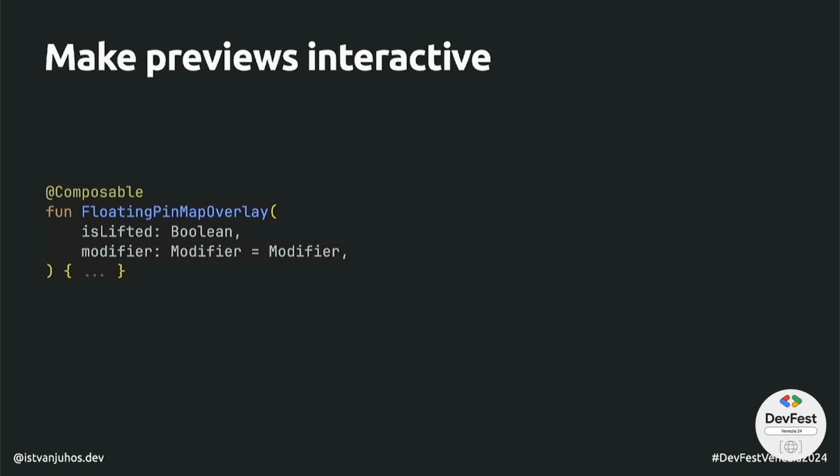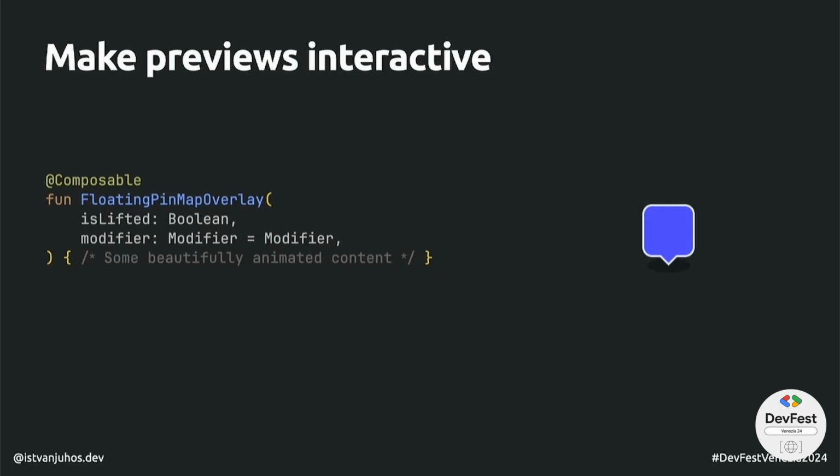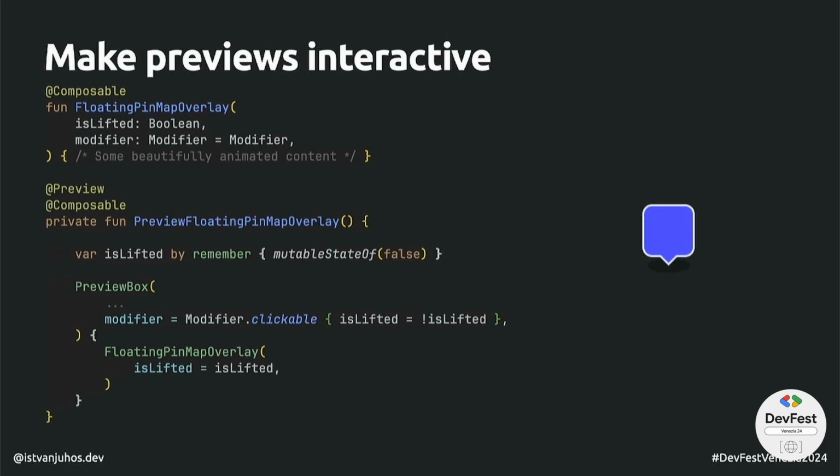Because the code is quite large, let's just say that there's some beautifully animated content there. But the static preview pretty much looks like this. It's nothing fancy. But if we write some interactive preview tooling to it, we can actually see how it will be animated on the map as well.